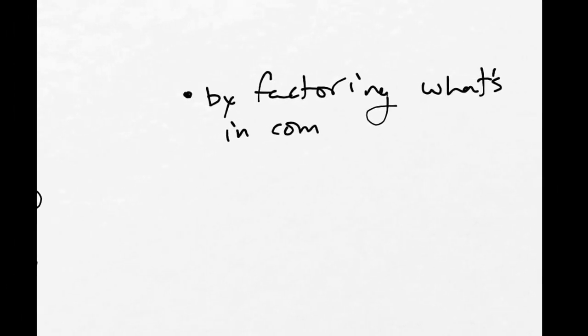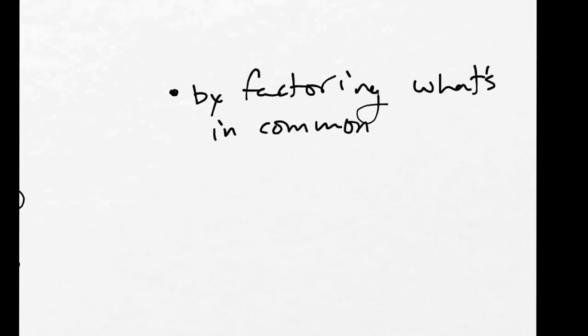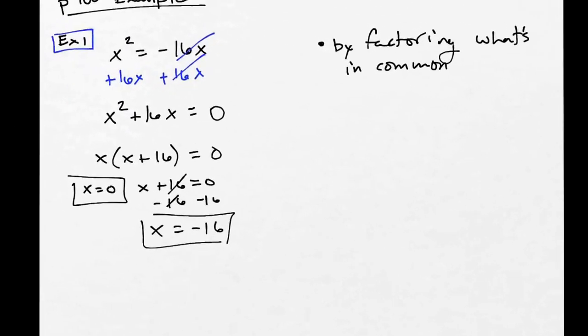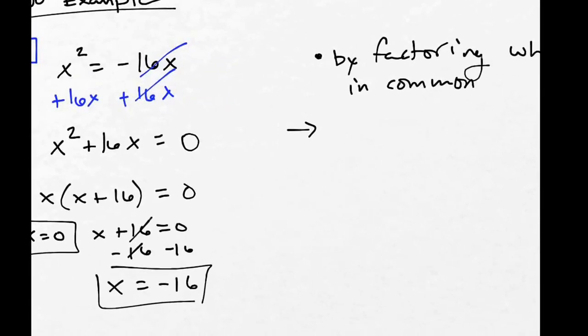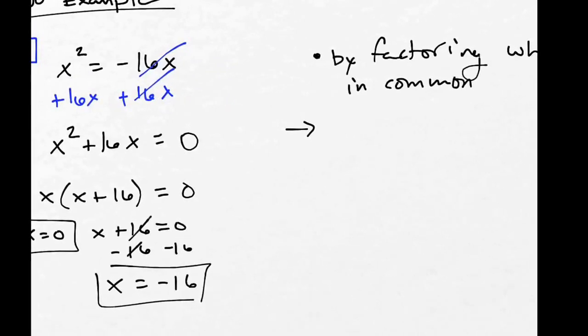That's the method. And why did we use that? Because they both had, so the actual reason here is because they both had an x, and they had something in common.